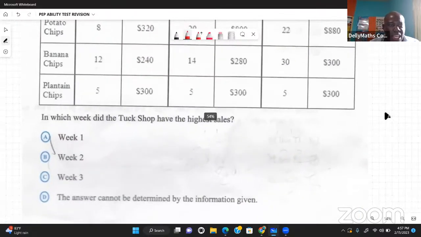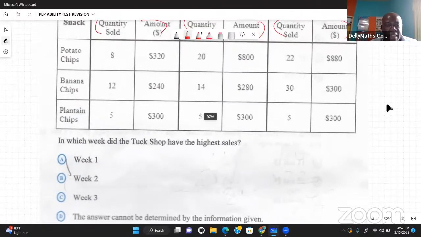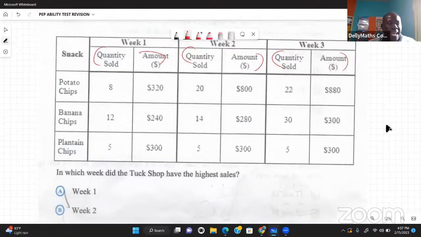First question says, in which week did the shop have the highest sale? If I'm going to find out the highest sale in which week, I need to total all of these. So you're going to say 320 plus 240 plus 300.